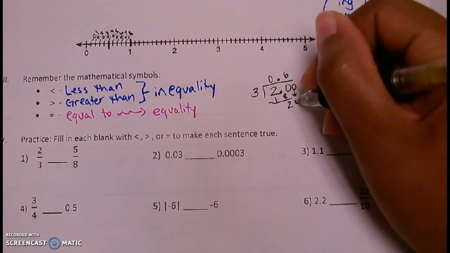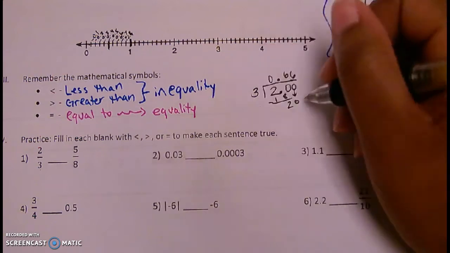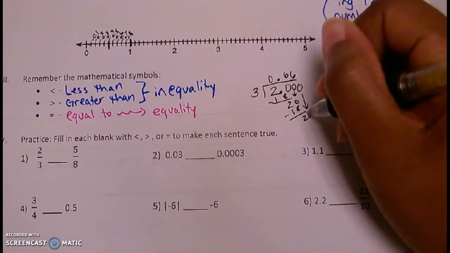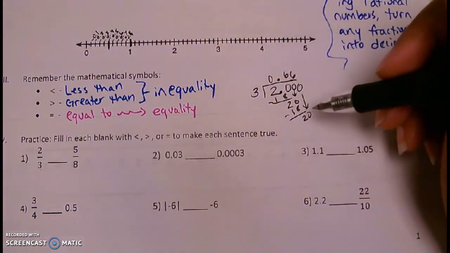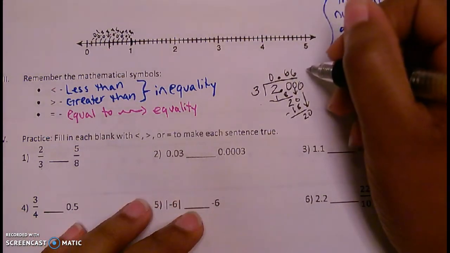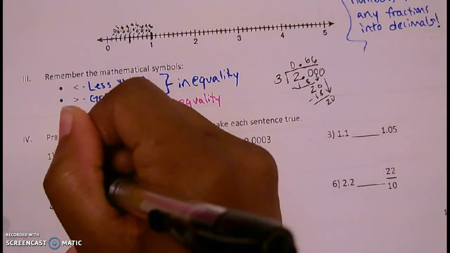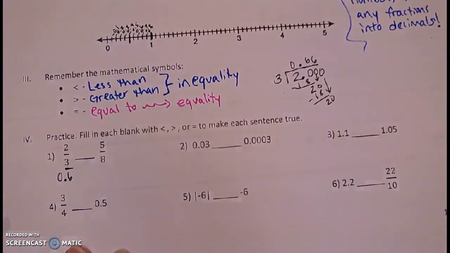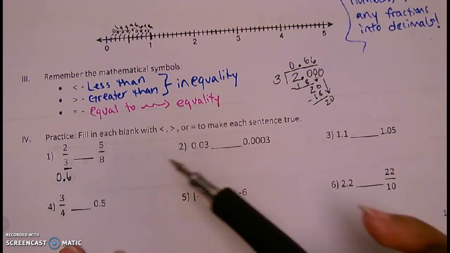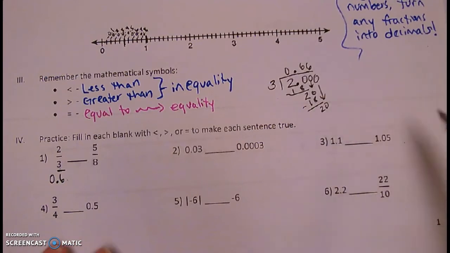I'm going to bring down a 0. 3 goes into 20 6 times. It's 18. So I see a pattern here. Okay? I don't need to keep going because I know that this number is going to continue to repeat. So what I can make this number be is 0.6 with a bar on top. That bar means that this number 6 is going to continue repeating. Okay, so it's going to keep going and be 6, 6, 6, 6, 6, or whatever.